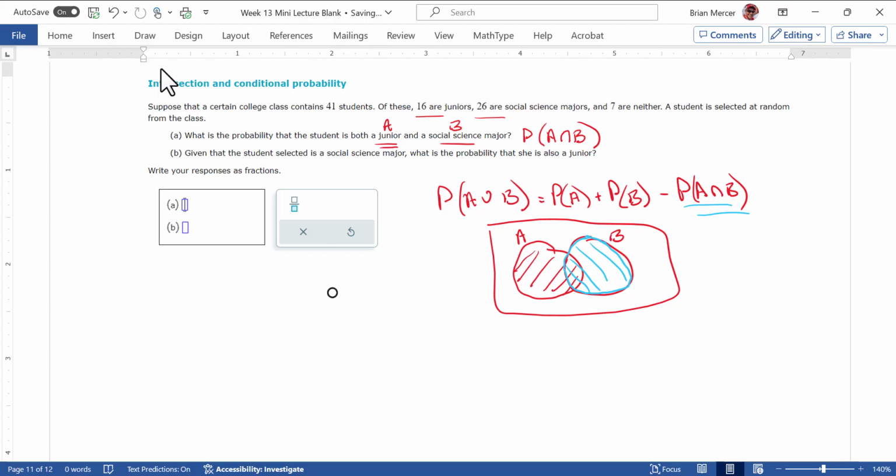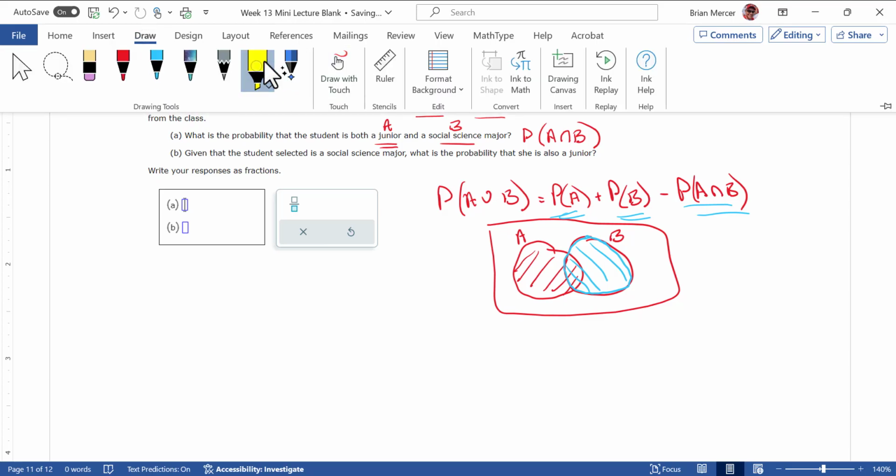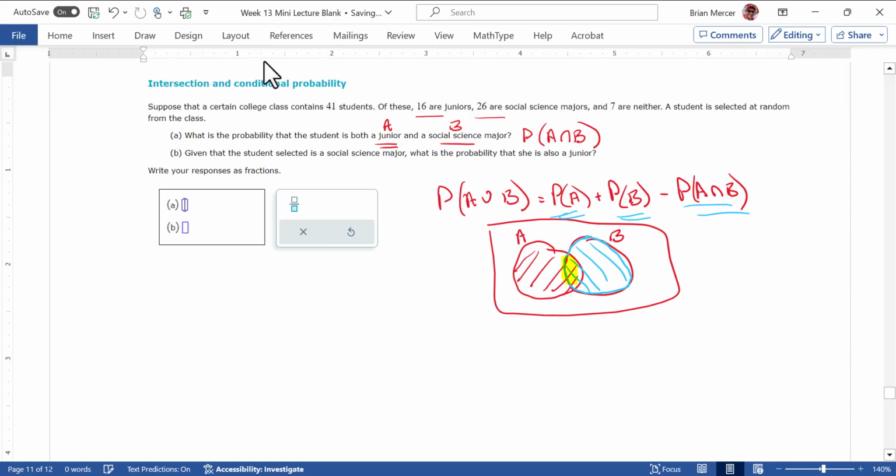Notice that the intersection actually got shaded twice. So if we just add A and B together, you would have shaded that intersection portion twice. So by subtracting it once, that takes care of that duplicate.